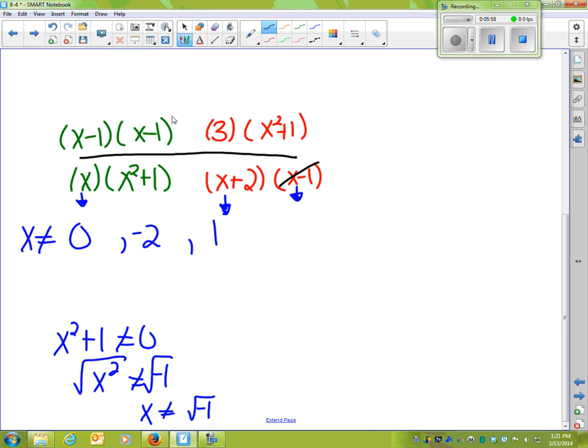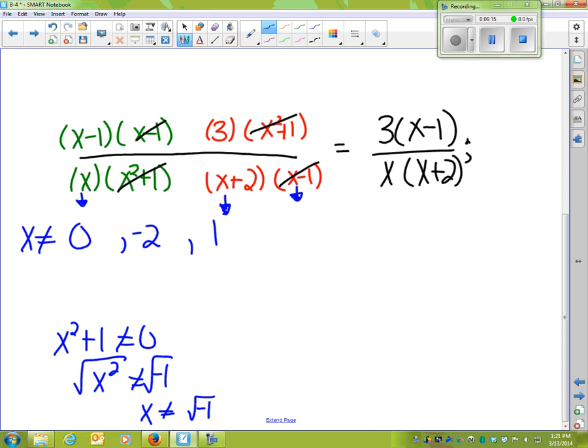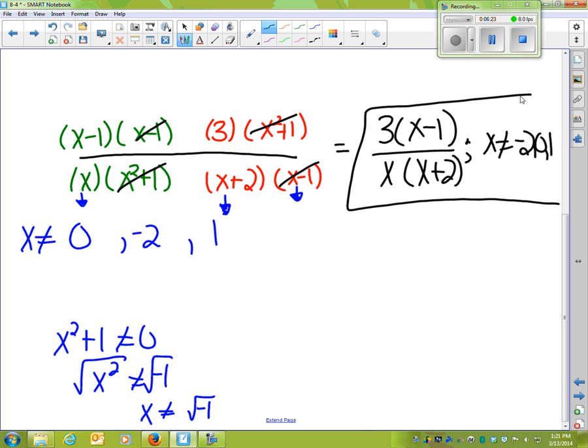I have x minus 1s, x squared plus 1, leaving my final answer, 3 times x minus 1 over x times x plus 2, where x cannot equal negative 2, 0, and 1. And that is dividing rational expressions.